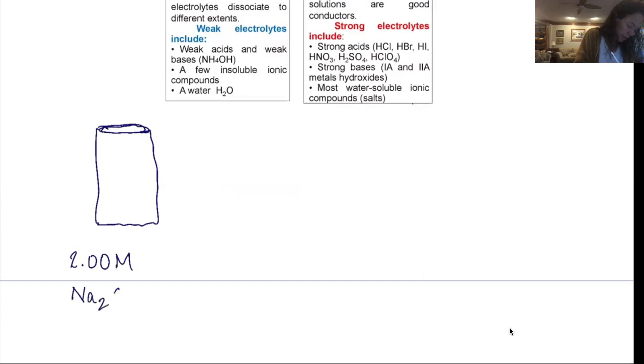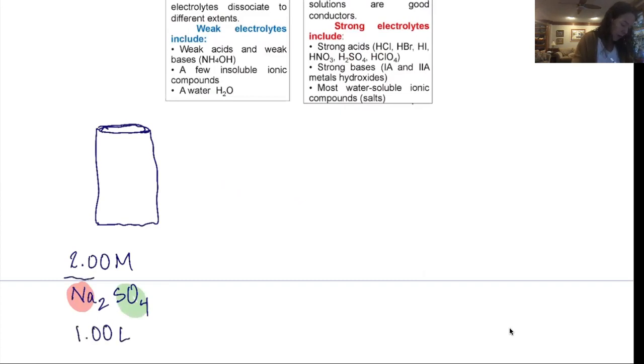So just make sure that you yourself could draw the particulate level diagram of a 2.00 molar Na2SO4 solution. We will make the sodiums red, and we will make the sulfates green. I could probably just do positive, negative. I'm going to assume I've got 1.00 liters, right?